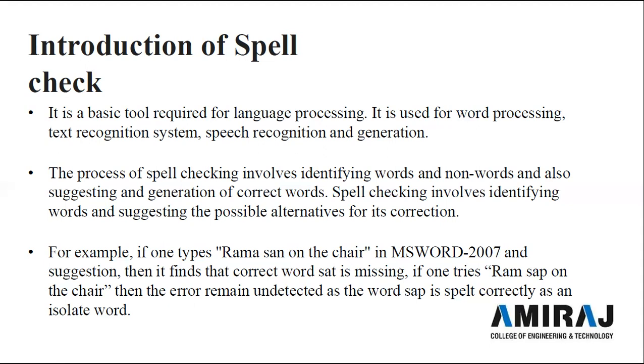"Rama sap on the chair" doesn't make any sense, right? But it won't detect any error because sap is a correct word. It is not grammatically wrong, right? It is spelled very much correctly. That is why the error will be undetected, right?